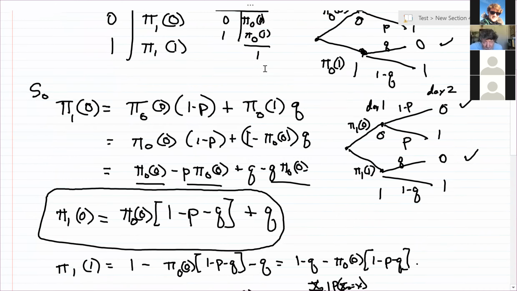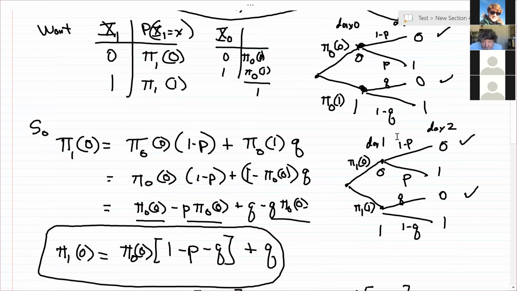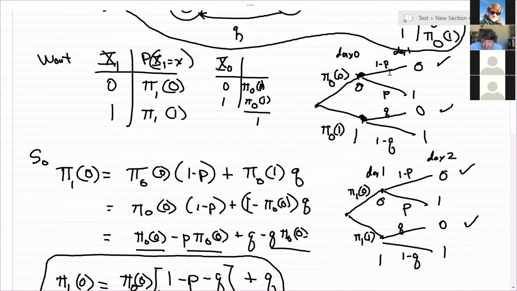That's up here. So pi 1 of 0 turned out to be this, and we just figured it out the same way. We just multiplied pi 0, 0 times this, and pi 0, 1 times q. And the calculation is here. And that's how we found pi 1 at 0.